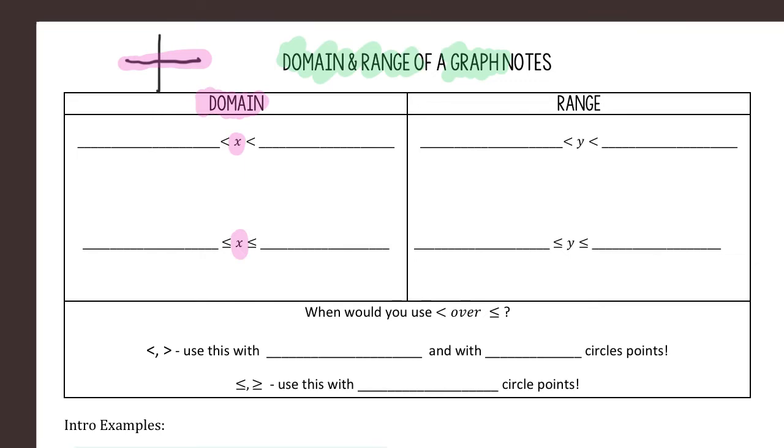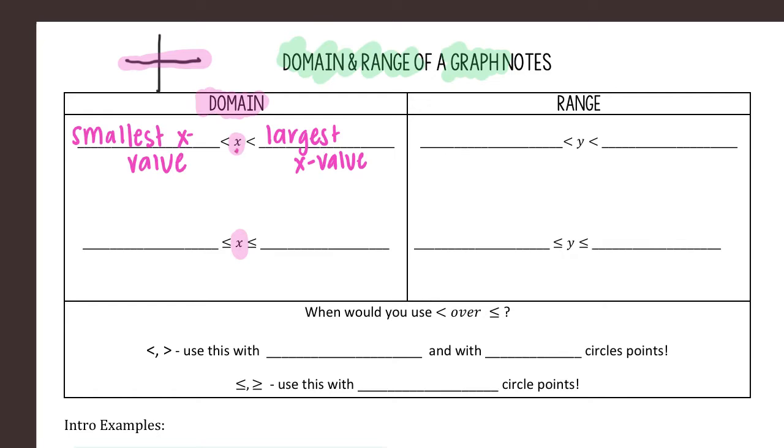If we're looking for it on a graph, you're going to look at the x-axis and you're going to put the smallest x value on the left of your inequality and the largest x value that the graph reaches on the right. In the middle, you'll put x.